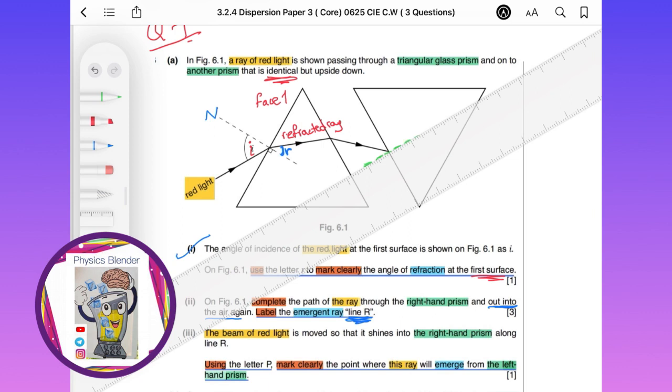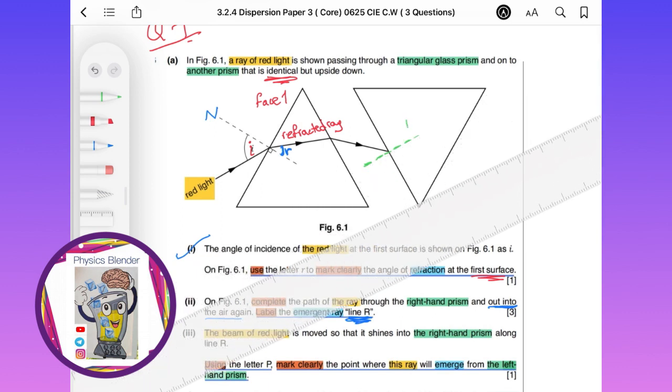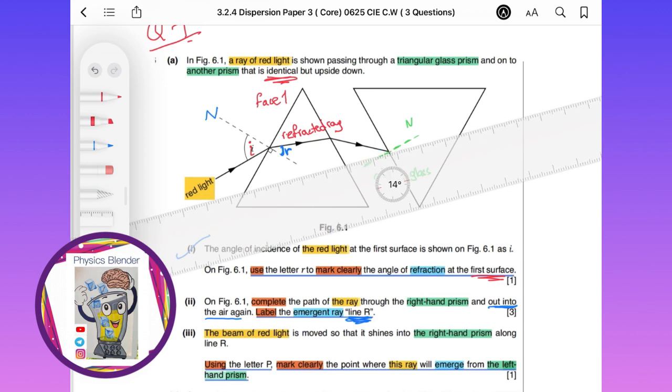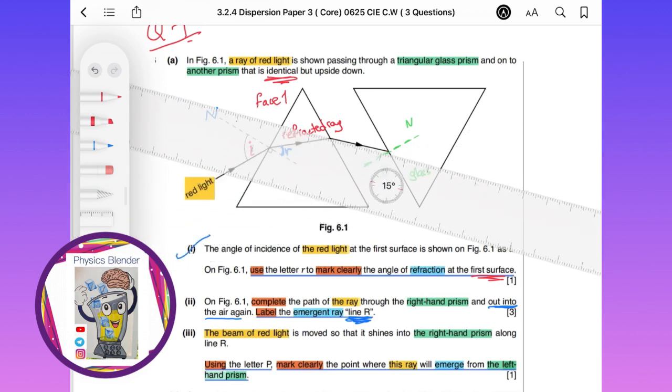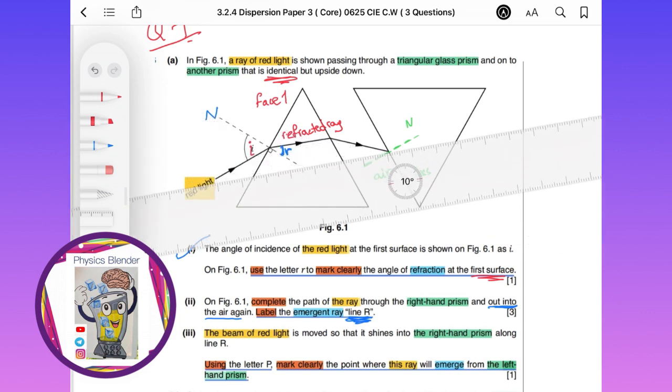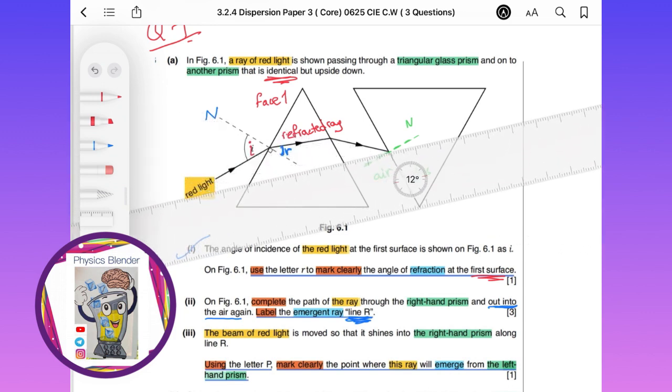So this is the first normal. How will the light ray be refracted from air to glass? It will be refracted towards the normal. So it will not continue in the same straight line like this. No, it will bend towards the normal.